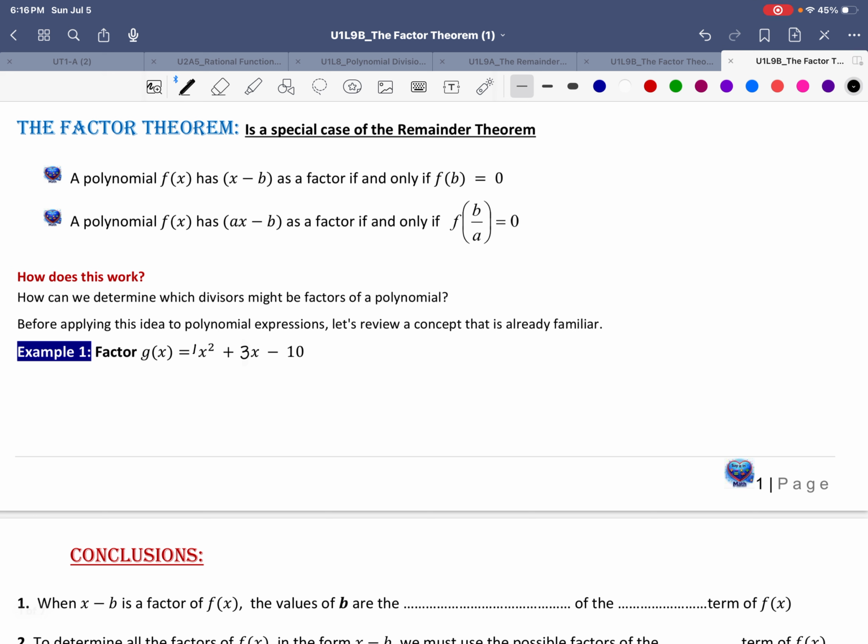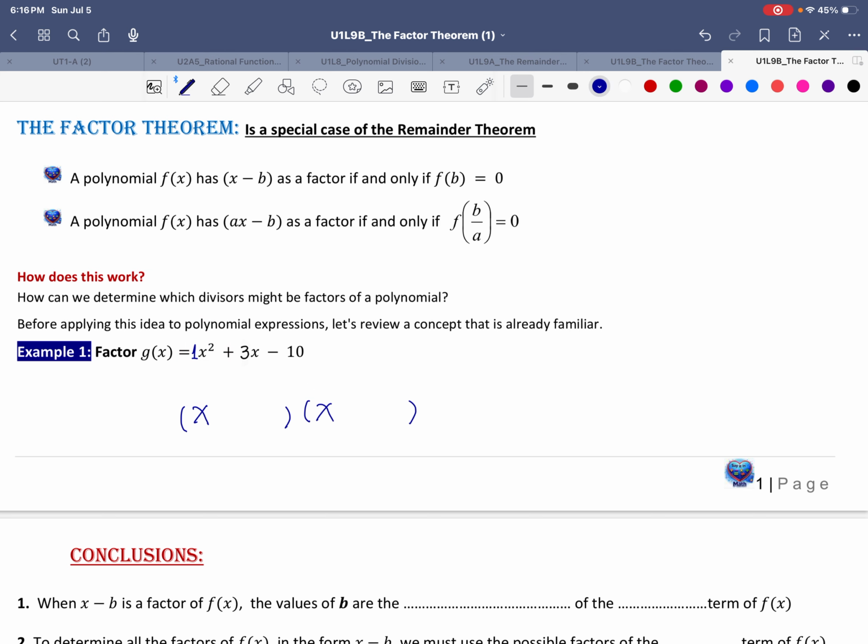You see that this is an easy trinomial to factor with a coefficient of 1, which means that we start off by writing two sets of brackets, and each set of brackets will start with the term x. The term x multiplied by x gives us the first term in the polynomial function, x squared.